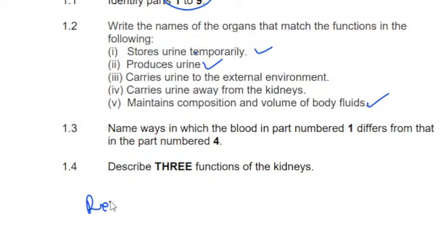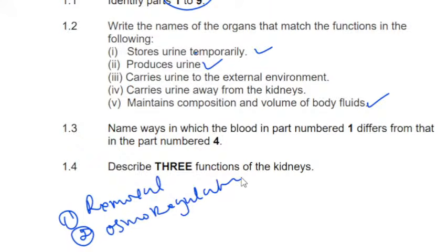That's number 1. Then number 2, you can talk about osmoregulation, meaning that we are talking about controlling the internal environment in terms of water. The water amount of the body must be kept constant.